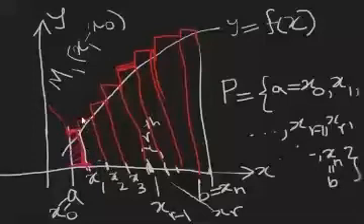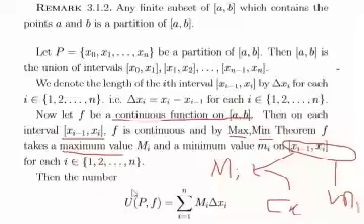If you sum these rectangles up, we denote that one big U of this partition and this function.